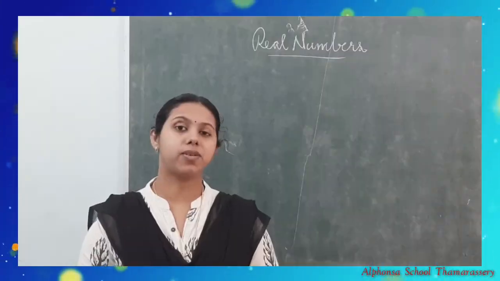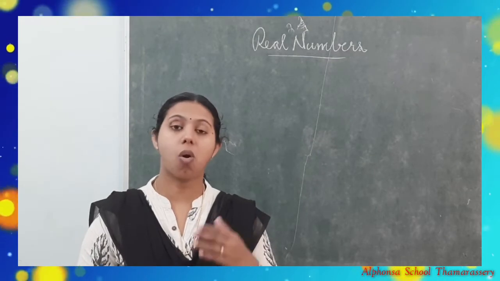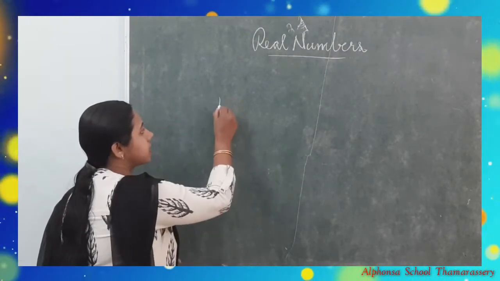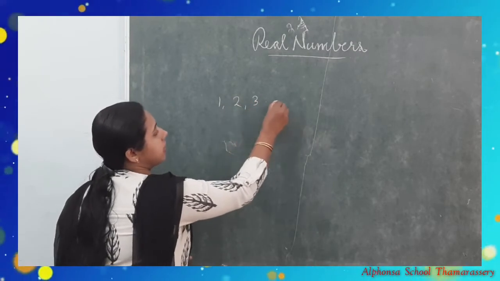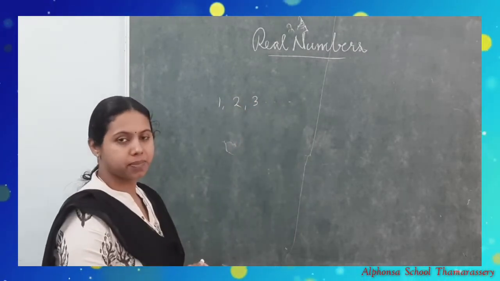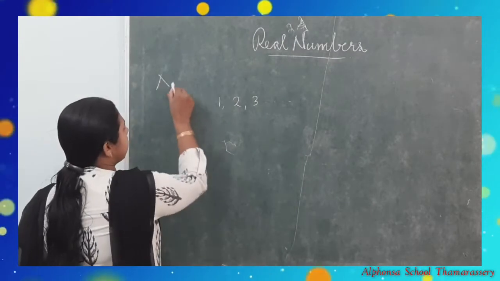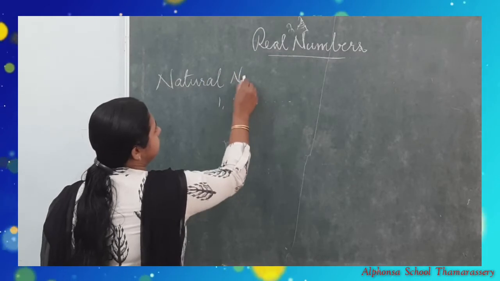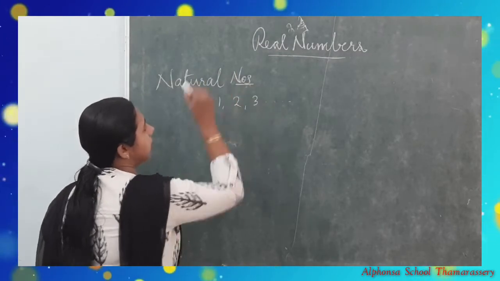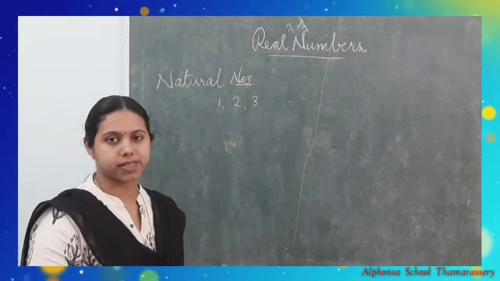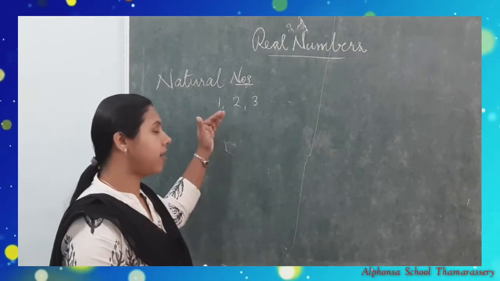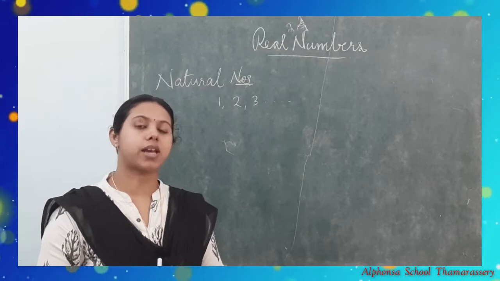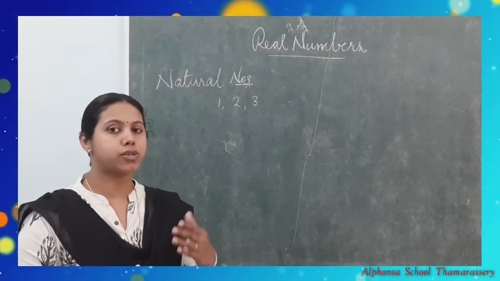The numbers we are using for counting, all counting numbers 1, 2, 3, etc., are known as natural numbers. So the first set of numbers is natural numbers. They are 1, 2, 3, etc. The first and the smallest natural number is 1 and there is no last number.